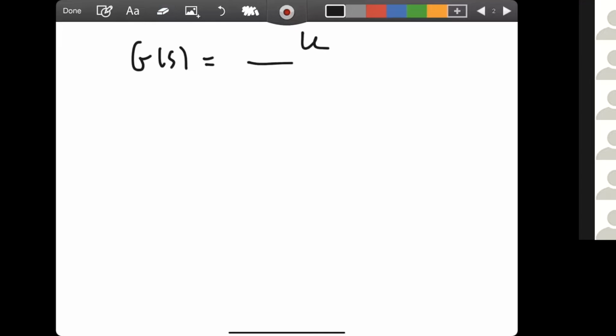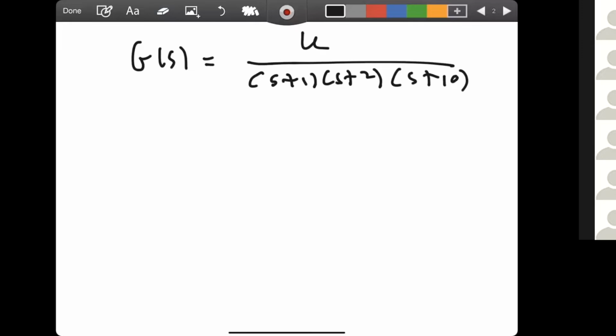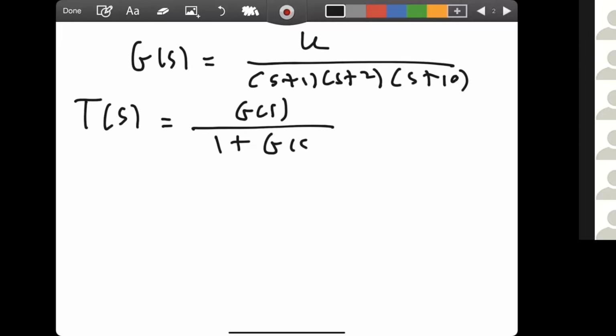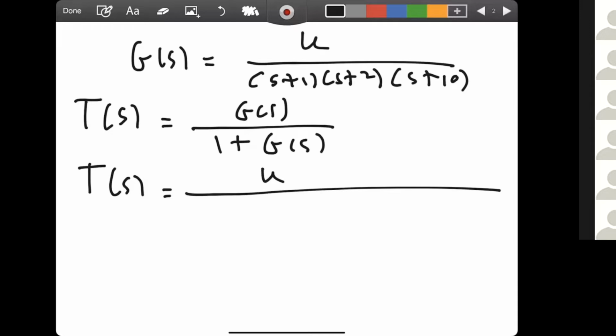Adalah K over S plus 1, S plus 2, S plus 10, kan? Jadi closed loop dia adalah K over S plus 1, S plus 2, S plus 10 plus K.